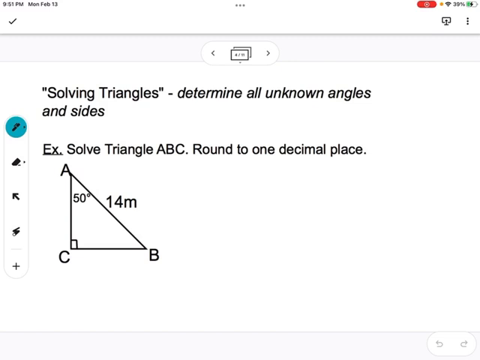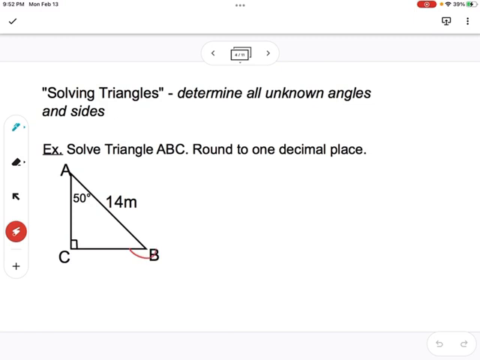Solving triangles, determine all unknown angles and sides. So solve triangle ABC round to one decimal place. So looking at all unknown angles and sides, we can remember that the angles add to 180 degrees. So looking at the angles in the triangle here, we have a 90 degree, a 50 degree.